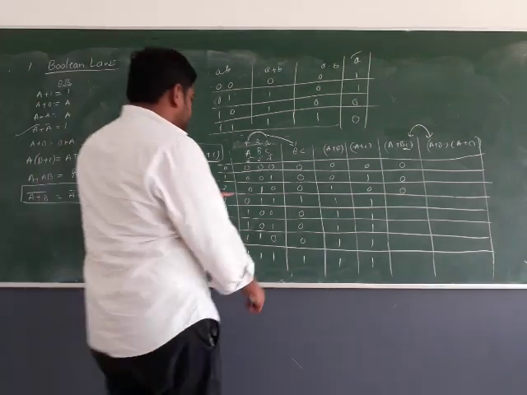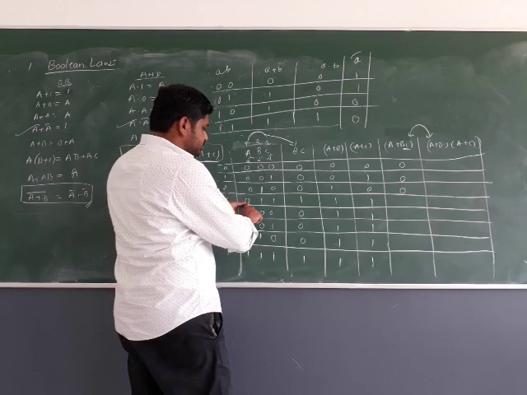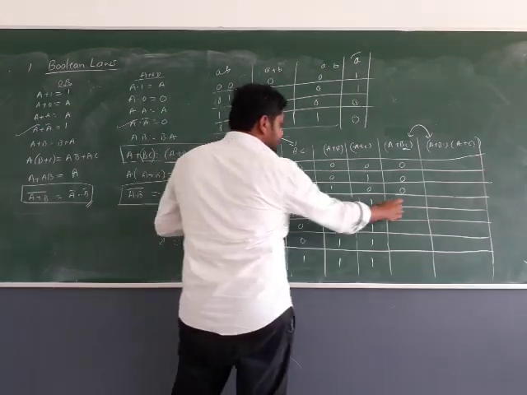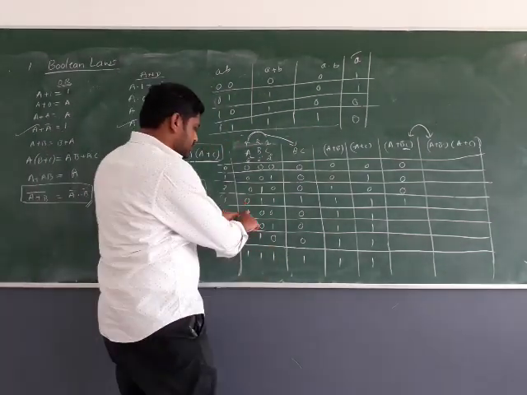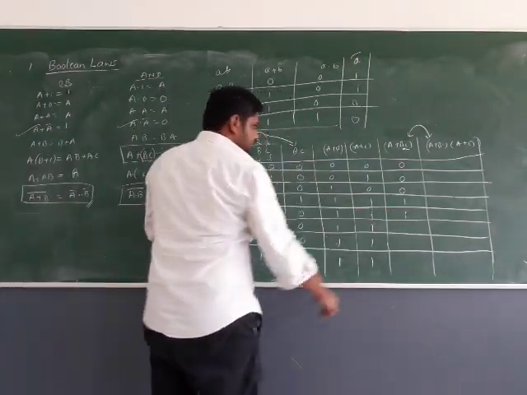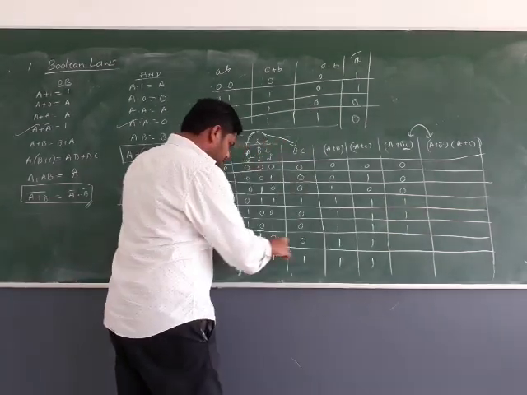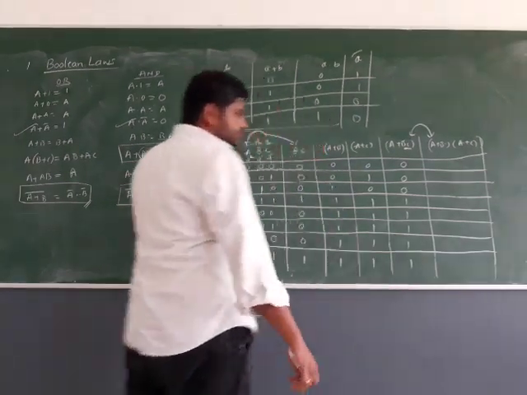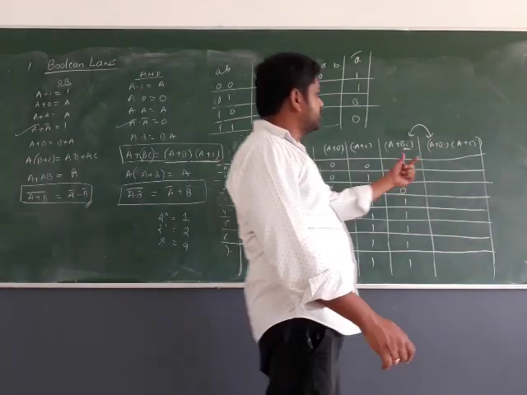Okay, so next A plus BC. See here, 0 plus BC, that is 0 plus 1, 1. First time 0 plus 1. 1 plus 0, again 1 plus 0, again 1 plus 0. Next 1 plus 1. Is it clear now?